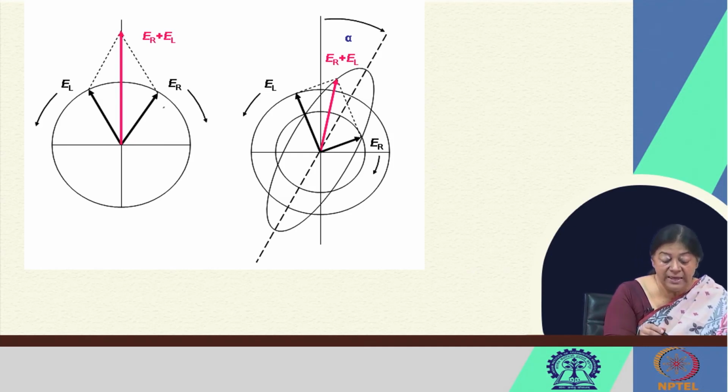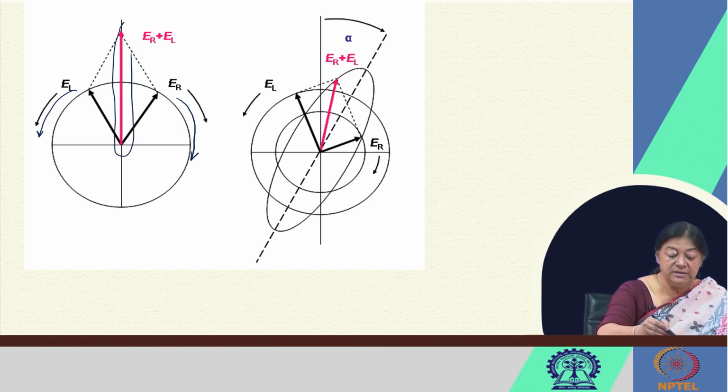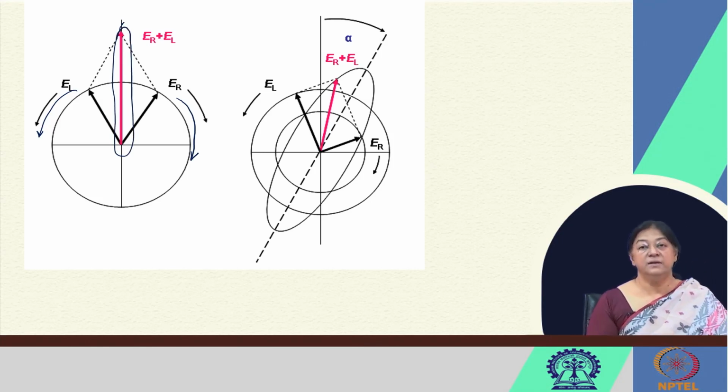So, right polarized light is going to be traveling in the direction shown by the arrow here, and left polarized light is going to be following the arrow on the left hand side. The summation of these is going to give us linear light.